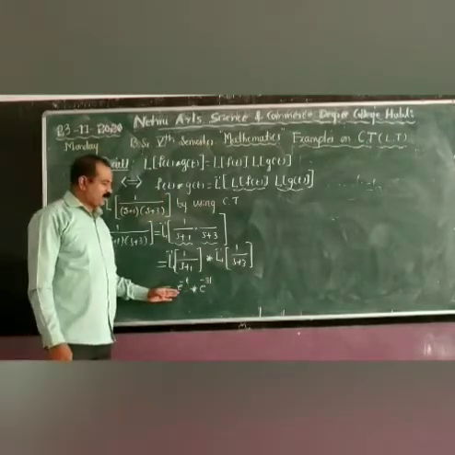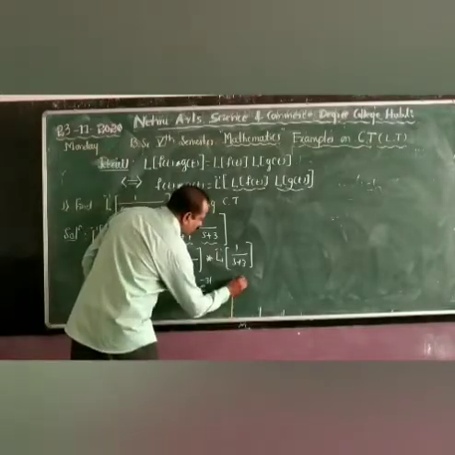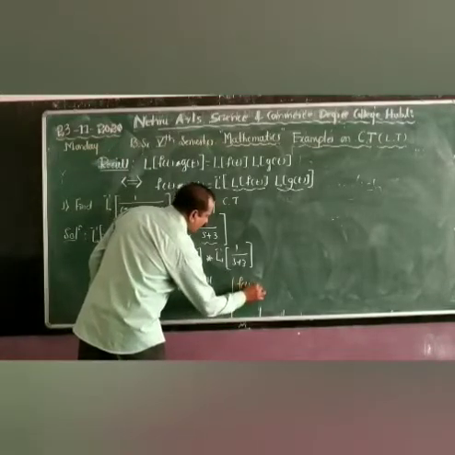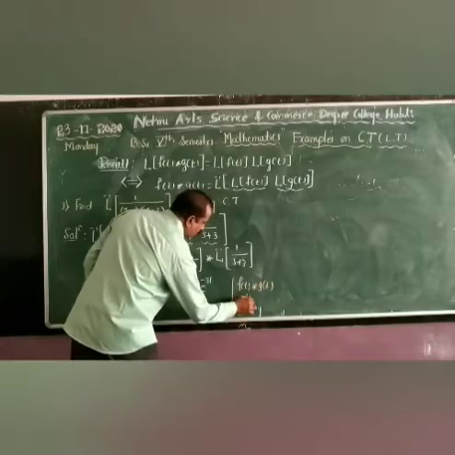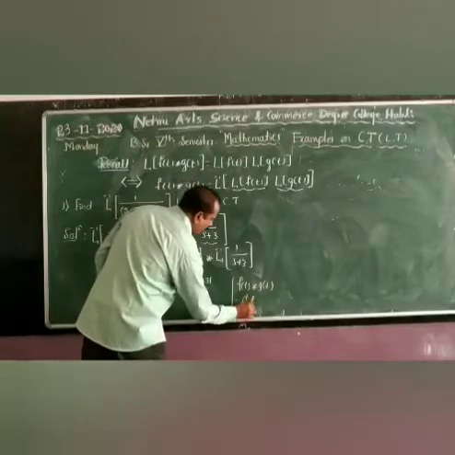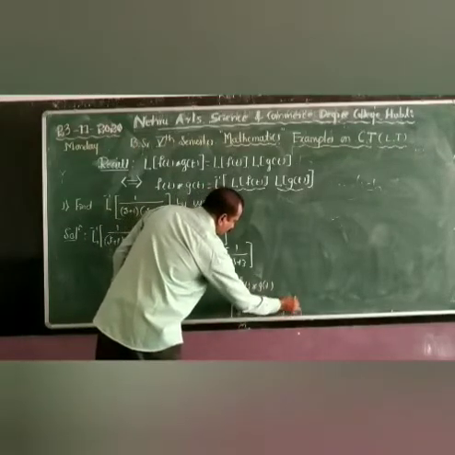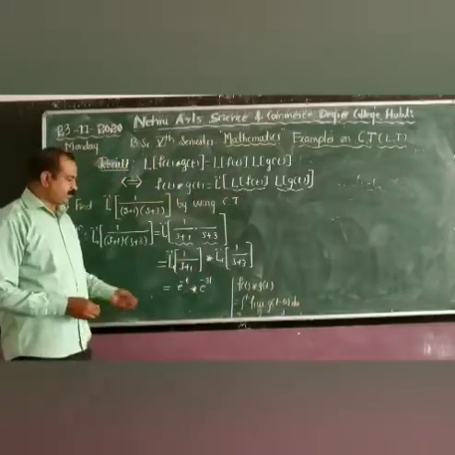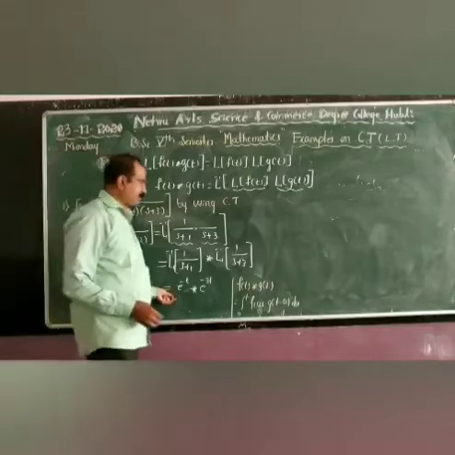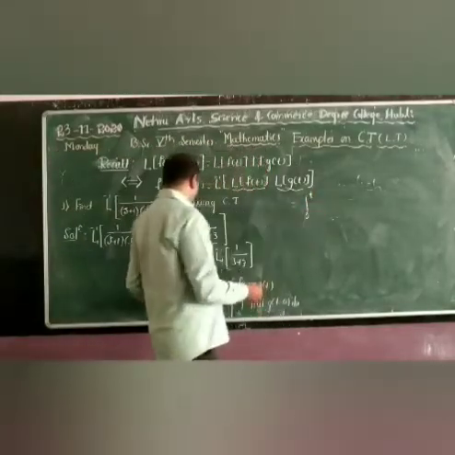Now these two are the convolution of two functions, f of t star g of t. Just recall convolution: f of t star g of t is equal to integration from 0 to t of f of u into g of t minus u du. So we can write integration from 0 to t.